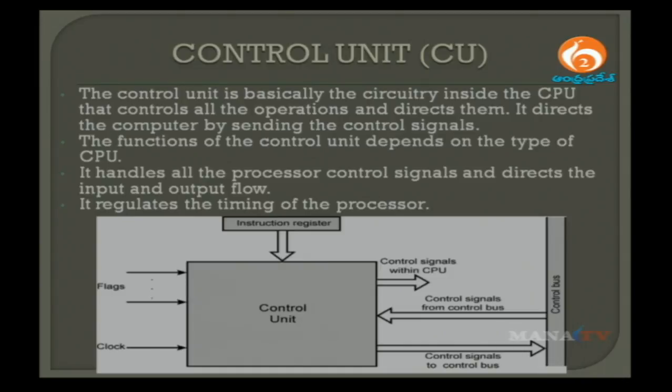For example, if you go to a computer shop, you can see different types of CPUs over there. You have so many updated versions of CPU, with different designs and control systems. All those are actually being controlled by the control unit. The control unit and its functions change with the CPUs.